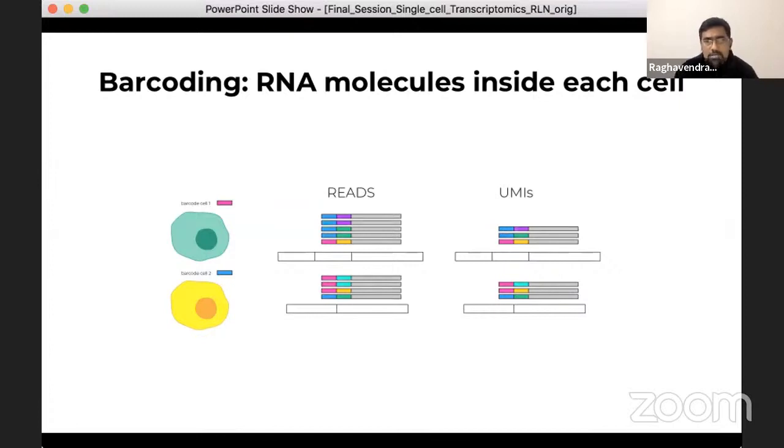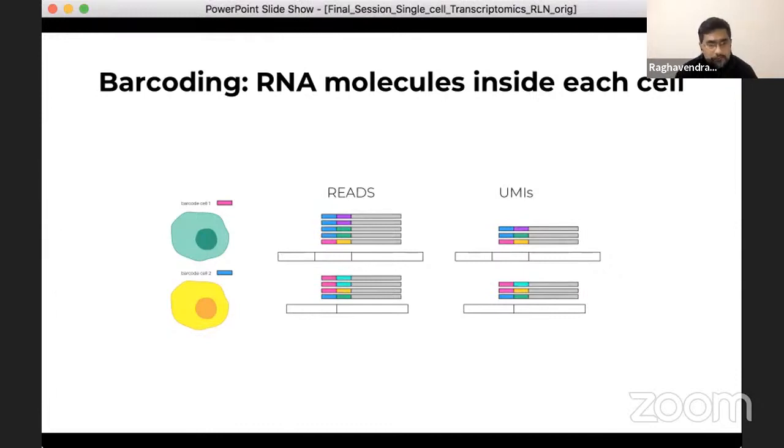These barcodes technically contain two parts. One component is the cell barcode, which is similar for all the molecules in one oil droplet. In one droplet we have one cell, and all the mRNA molecules from that cell will have one unique cell barcode.